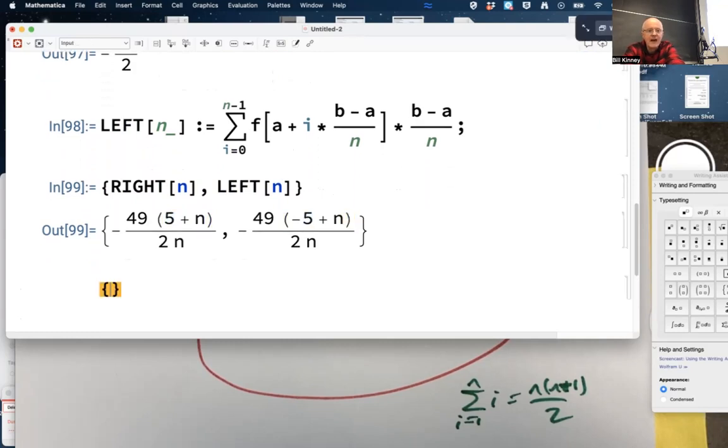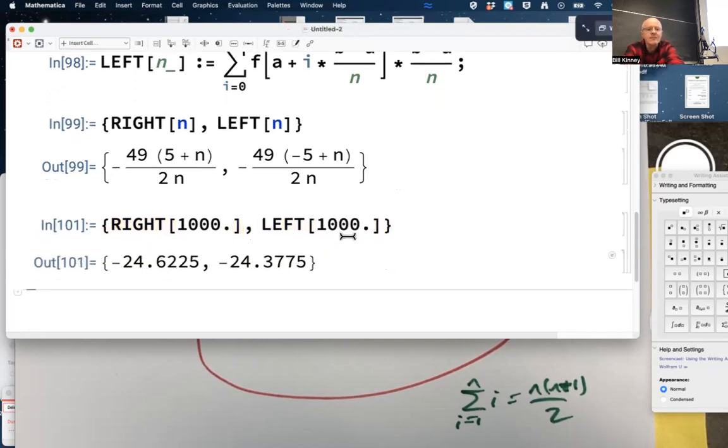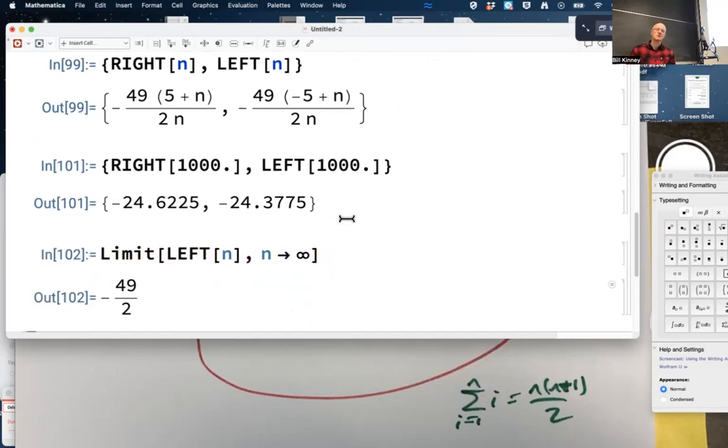They do give you different values. I'll put a decimal point in there to give an approximation. They give different values, even when n is large. But in both cases, the limit as n goes to infinity is still negative 49 over 2, negative 24.5.